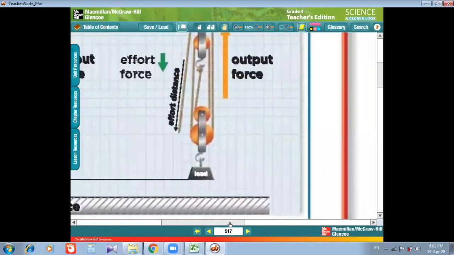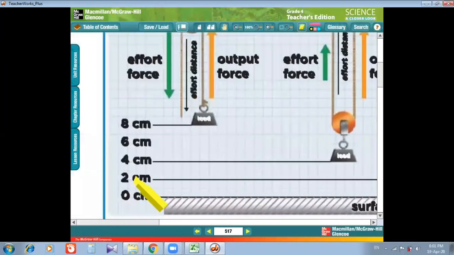If you use a fixed pulley, it will be till here. Movable till here, and both of them, it would be till here. If we compare it with the fixed pulley, it was 8, now it's 2. So 6 centimeters has increased. If 6 centimeters has increased, it means the effort distance has also increased.